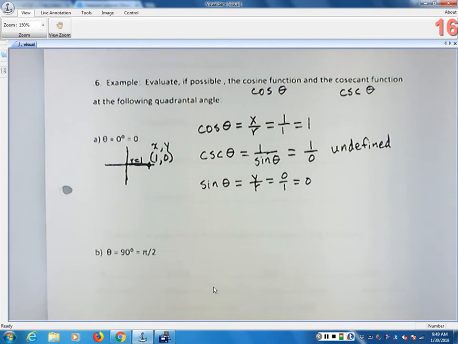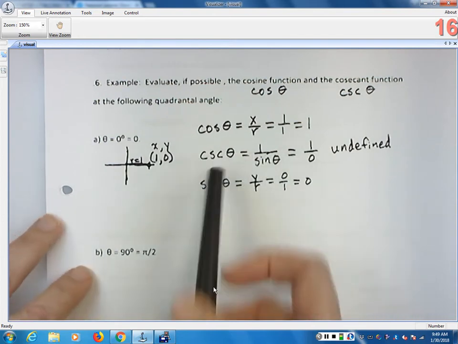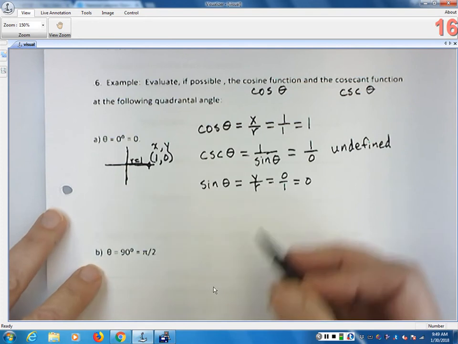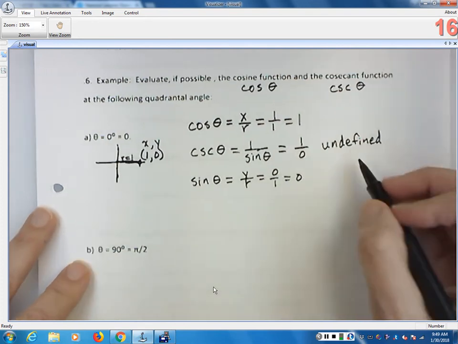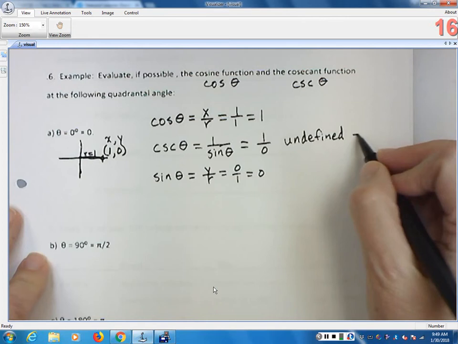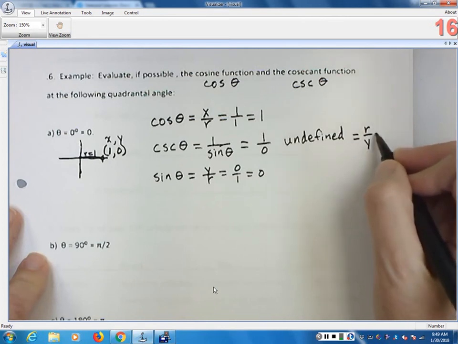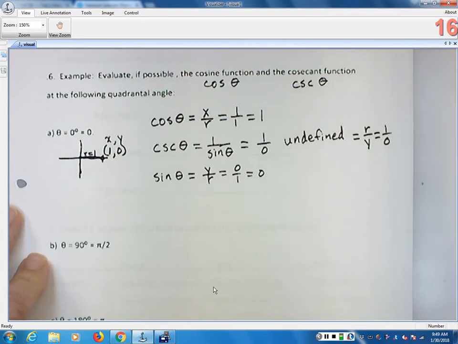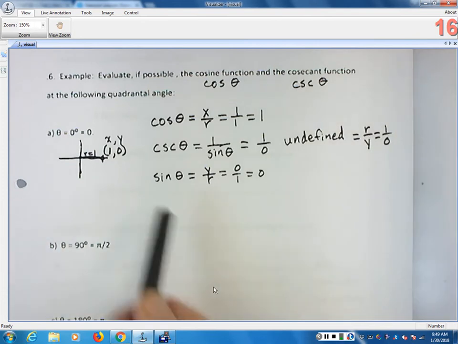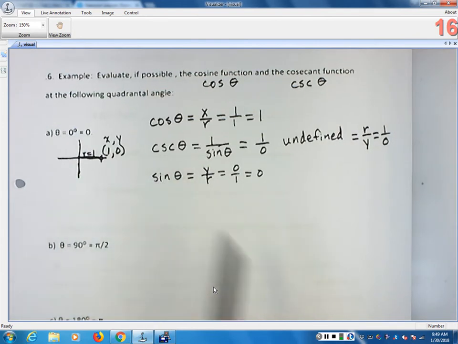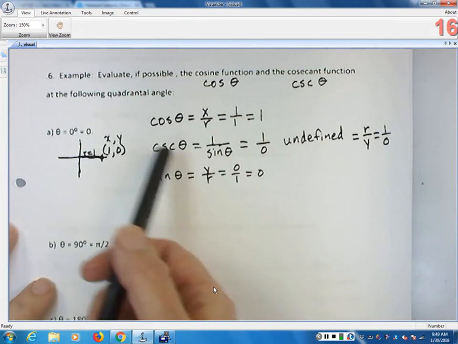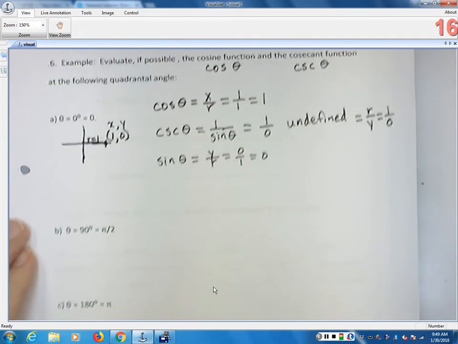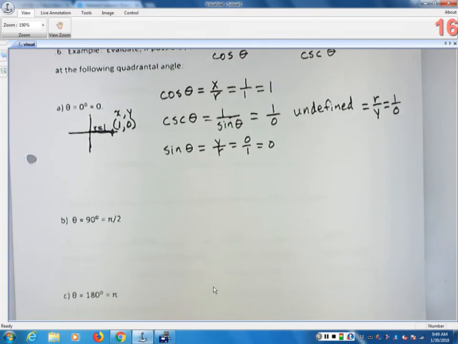Or you could have said that cosecant theta is r over y, and that was 1 over 0 again. So you can use these definitions if you want, or this is the way I like to do it: remember on the unit circle, y is just sine, and 1 over sine is cosecant. Okay, the next slide.